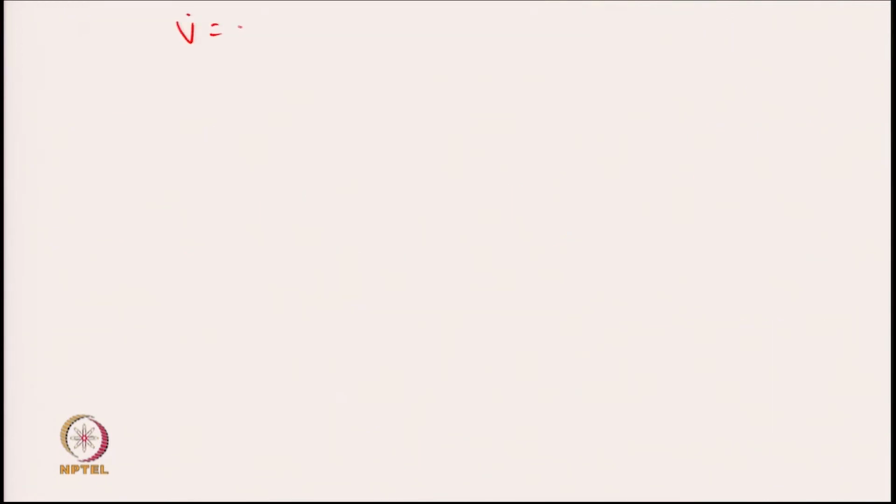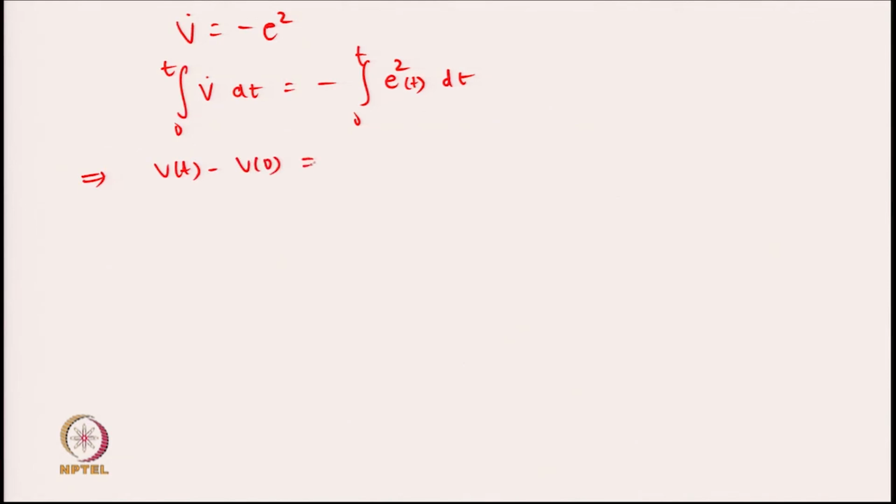Okay. So, let us look at the equation. V dot equals minus E square. So, let us integrate this equation on both sides from 0 to t. What we get is V of t minus V of 0 is equal to minus the integral from 0 to t of E square.